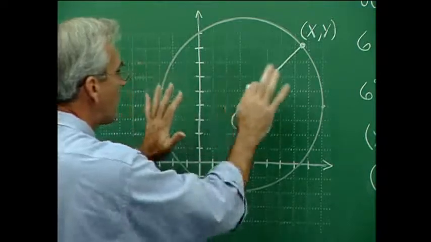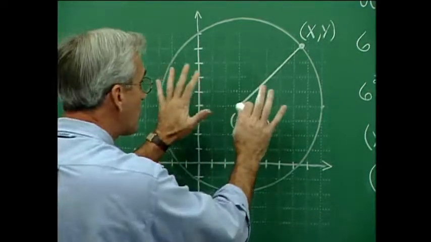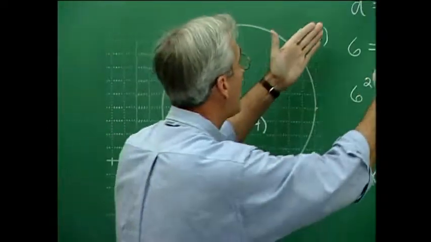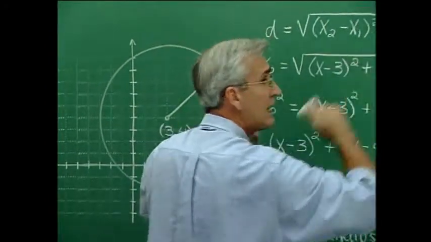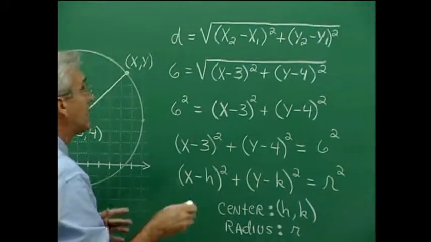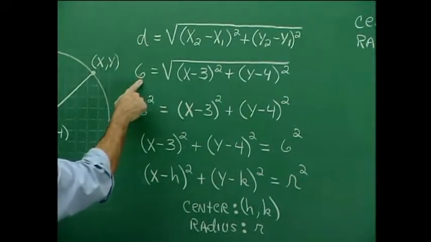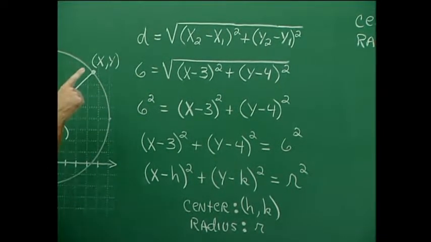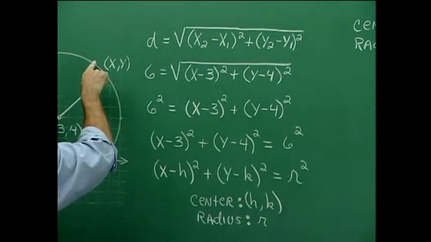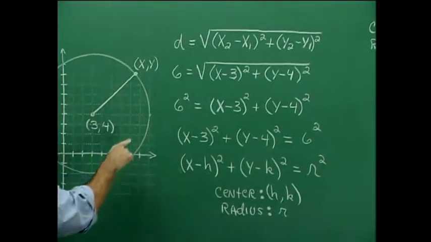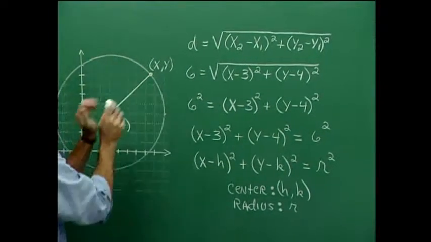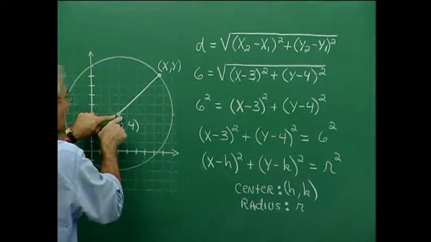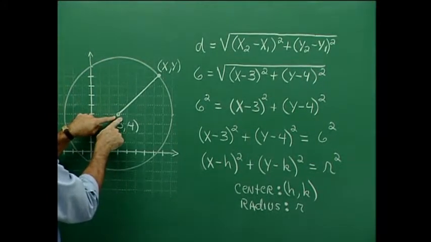Let's begin developing the equation by taking our distance formula and putting in information that we know. The distance that we're talking about is 6, from this point to the edge of the circle. The points on the edge of the circle are general (x, y) pairs, but the point in the center is a specific (3, 4).